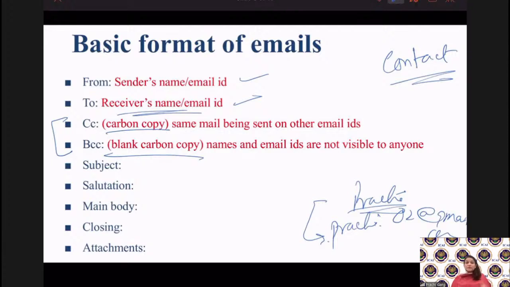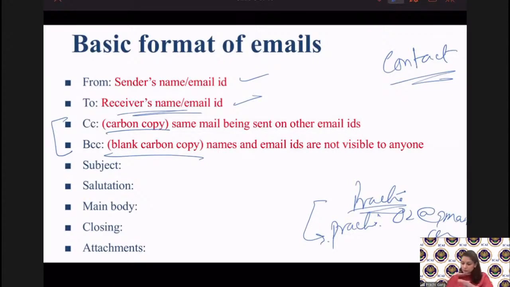But what is the difference between CC and BCC? With CC, the receiver of the email can see who all has received these emails. Am I clear? But in BCC, the receiver will not get to know who else received these emails. Am I clear? Yes. Okay.